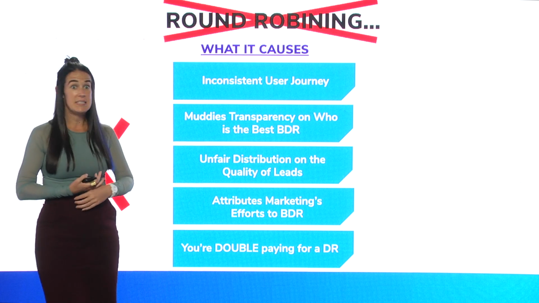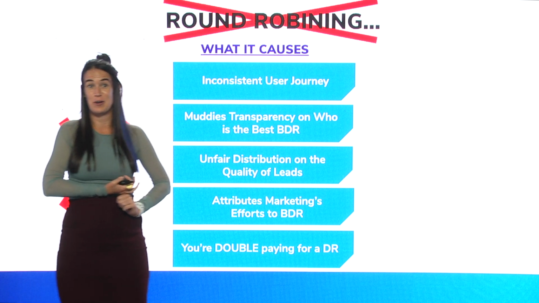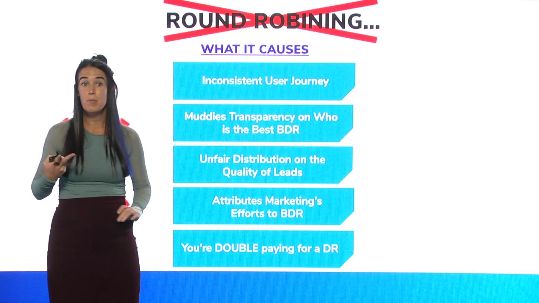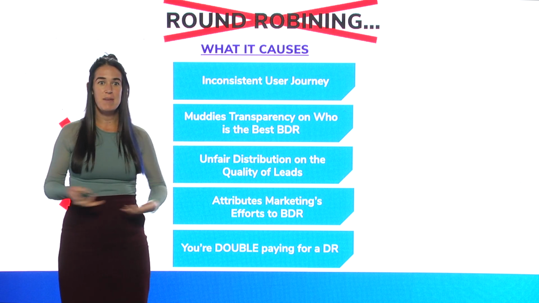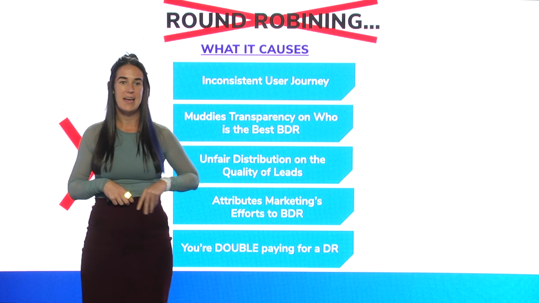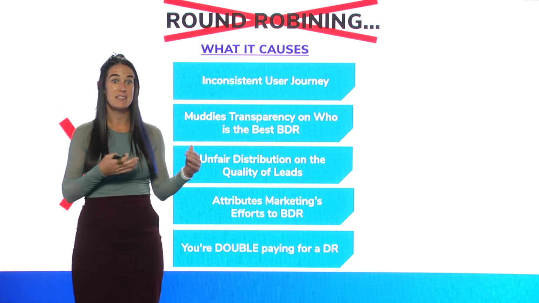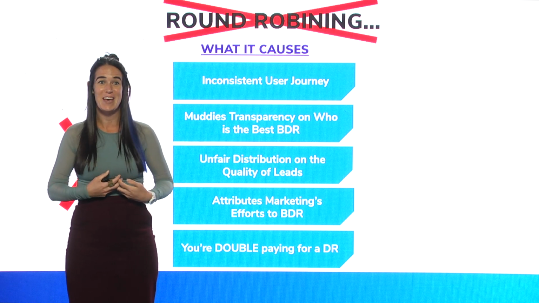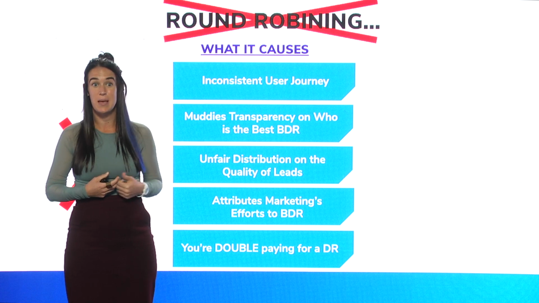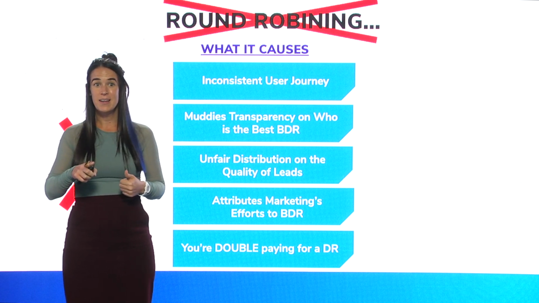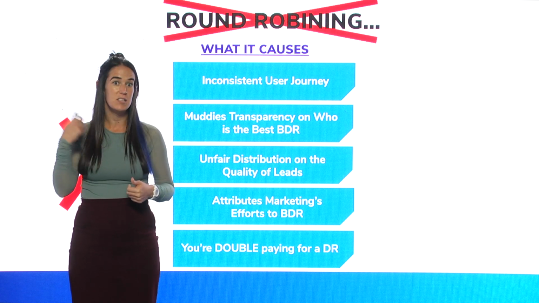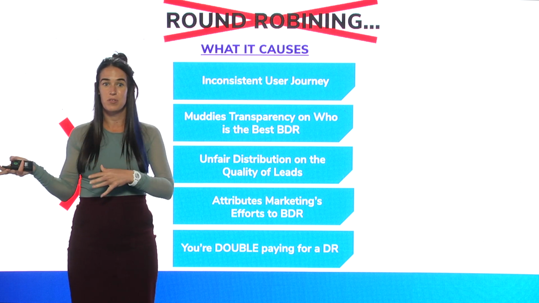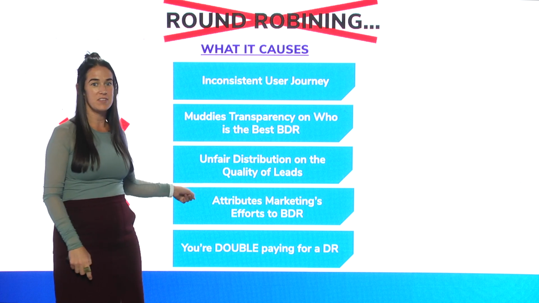And then the last piece, and this is going to hit home for CROs and VPs of marketing, is that you're double paying for these leads. If marketing is spending X amount of budget to run SEO campaigns and ad campaigns, and the vice president of sales over at ADP says, oh, that's a great campaign, and I come in on the line and I'm met with the BDR, and the BDR spends all this time asking me these brutal qualifying questions and sending me through the line, I am double paying for this lead.